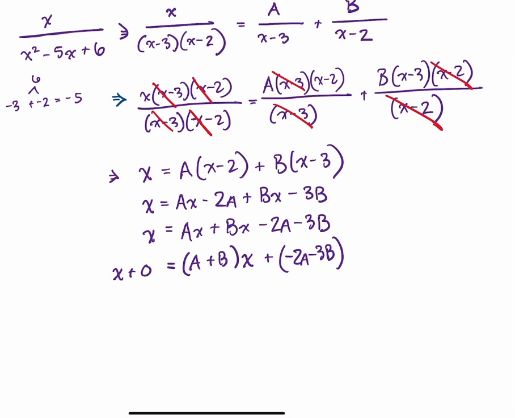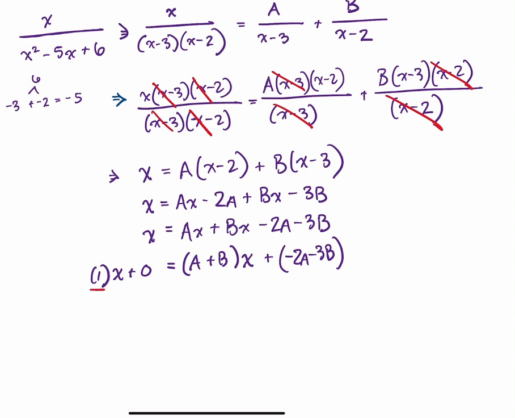So the reason I'm doing this is we can now make a couple of statements by comparing the left side and the right side. The coefficient of x on the left side is 1, and it's being added to 0. And this is supposed to be equal to the right side. So if these two sides are equal to each other, then the coefficients must be equal.